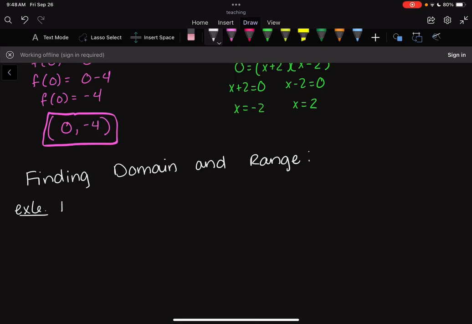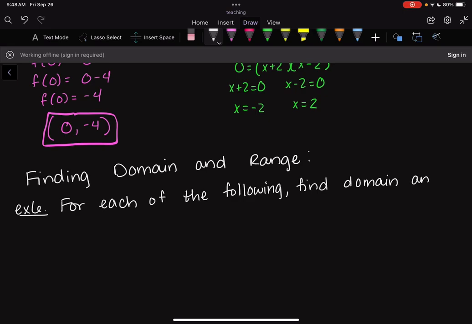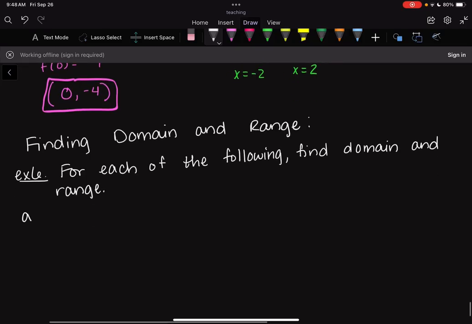So I'll say for each of the following, we're going to find the domain and range. And we'll probably also talk about if it's a function. So I have a few of these to look at.